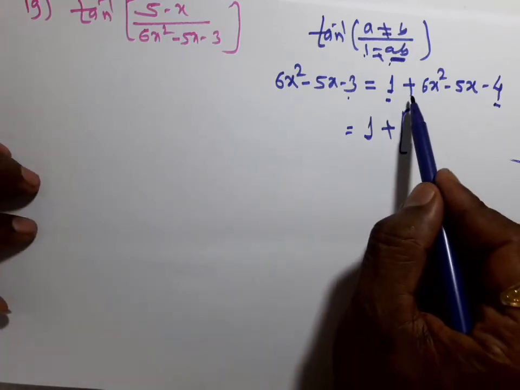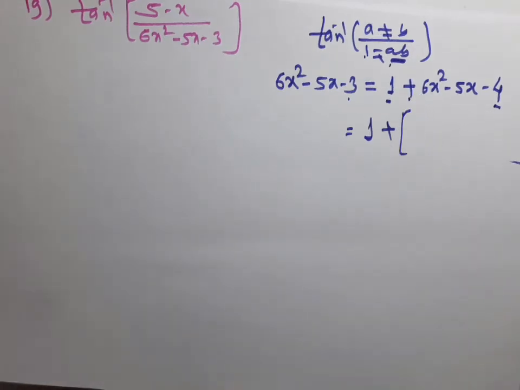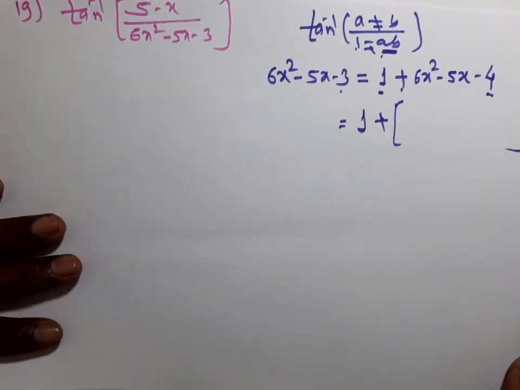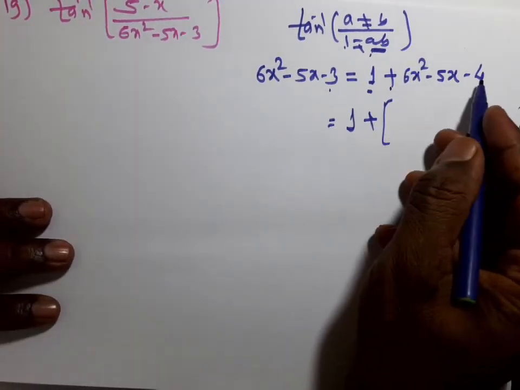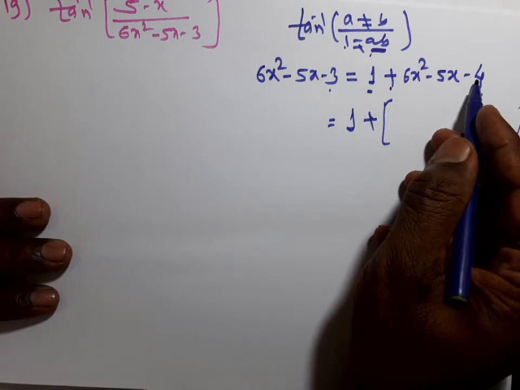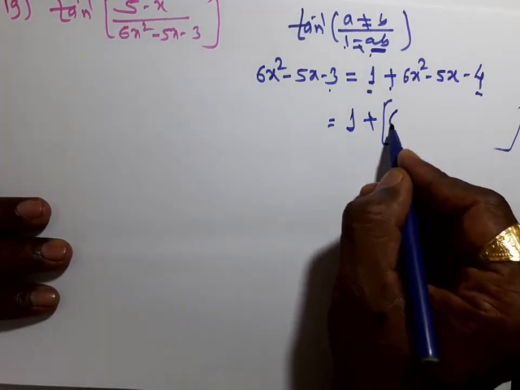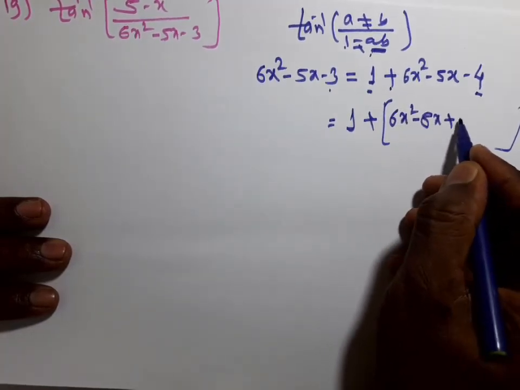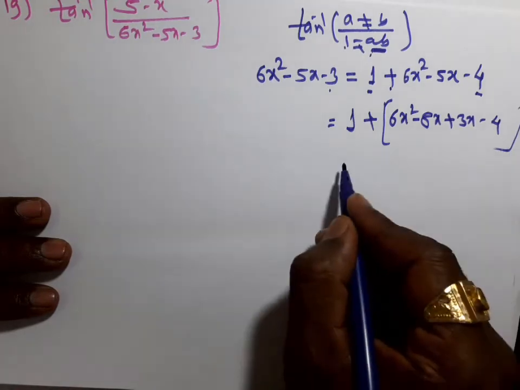Now I have got my plus sign, so I should form those factors whose subtraction will be 5 minus x. So 6 fours are 24, minus sign, 8 threes are 24, 8 minus 3 is 5. So it is 6x square minus 8x plus 3x minus 4.